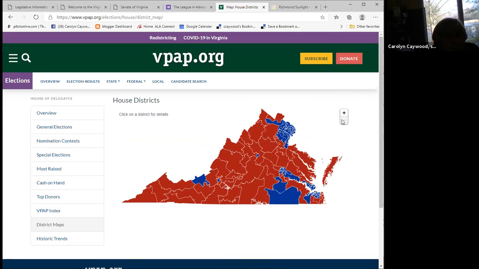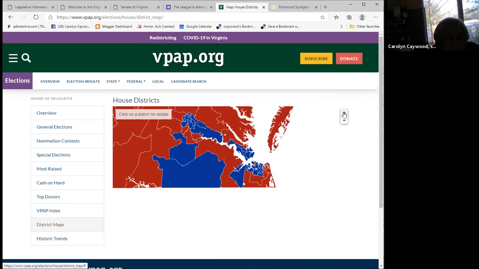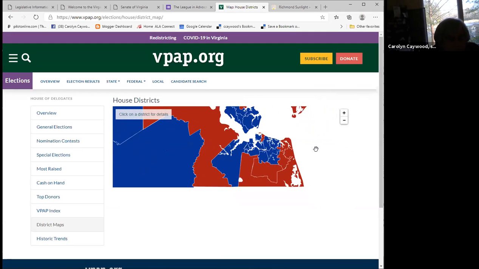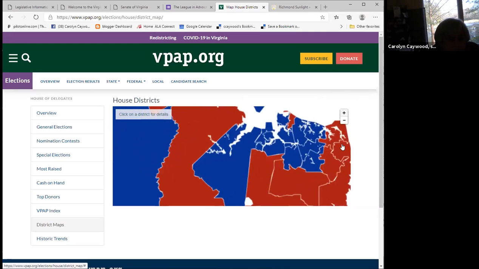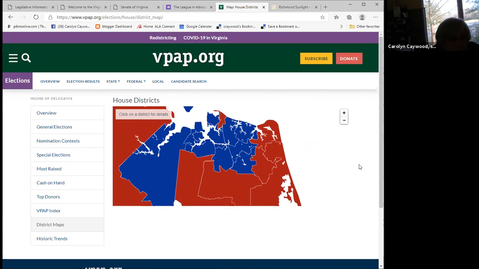At any rate, the House districts have been redrawn more recently, so they're the more difficult ones. So, okay, who knows which district this is?